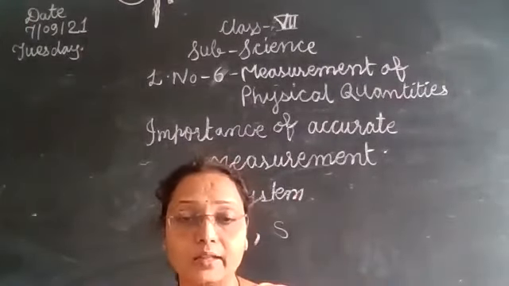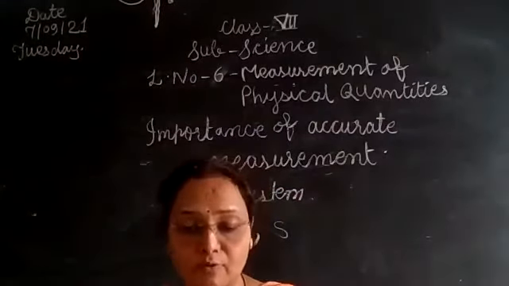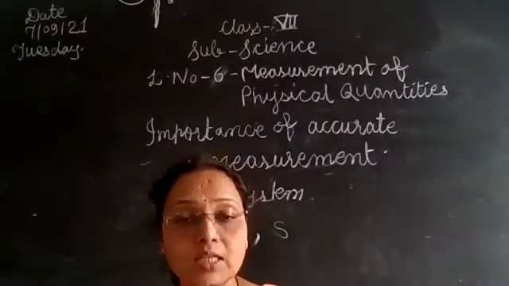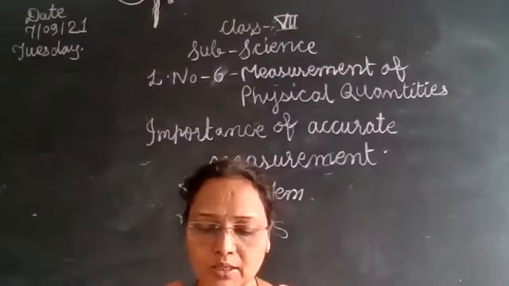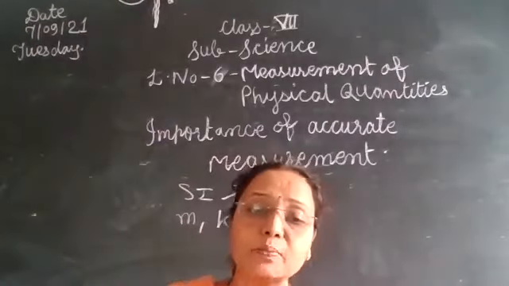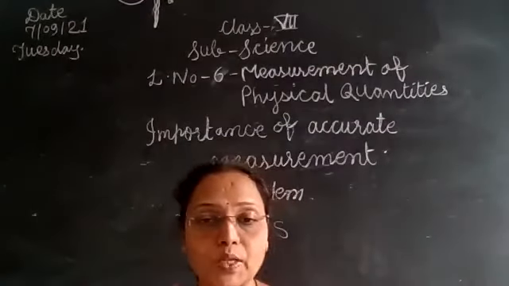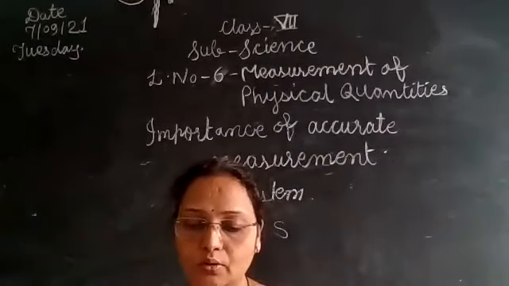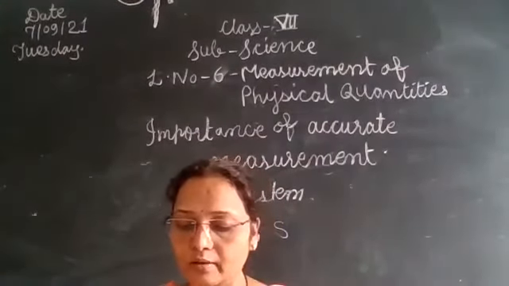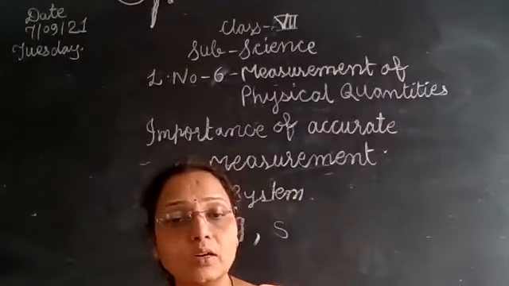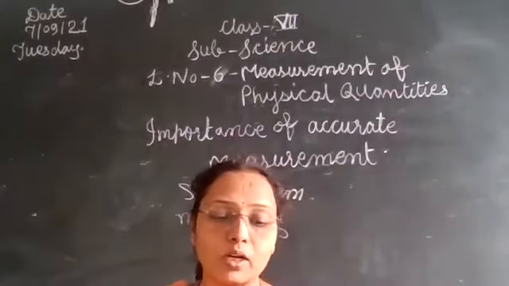Length, breadth, area, mass, temperature, density, time and work are some scalar quantities. Displacement and velocity are vector quantities. So mass is a scalar quantity, and weight is a vector quantity.